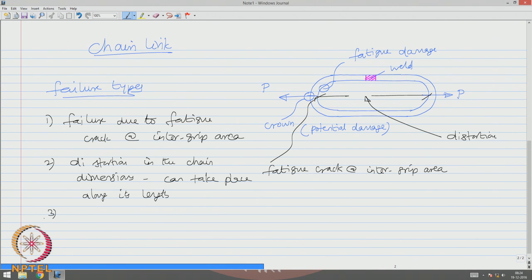Thirdly, there can be a fatigue damage at the weld. Fourthly, at the intradas part and the extrados part, erosion can take place.